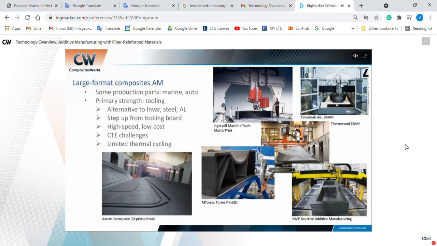So there's a secondary process for all of these for tooling where you have to machine the surface to create a smooth surface. And some of the systems, including Thermwood's, I think Ingersoll does this, I know that M Taurus does it, offer machining built into the system.